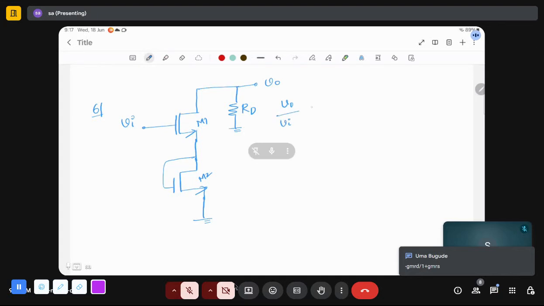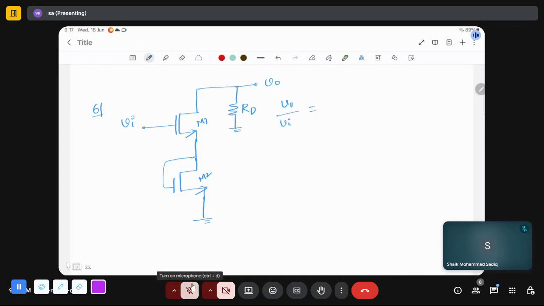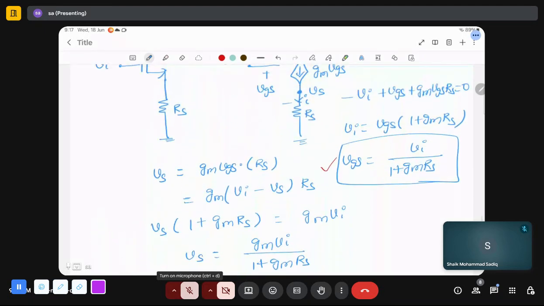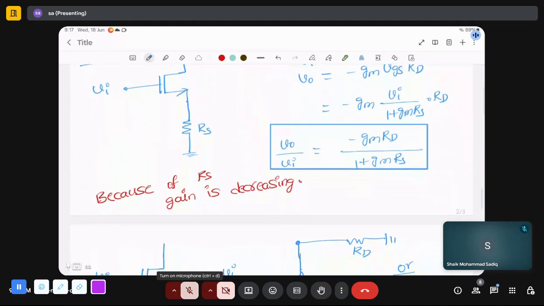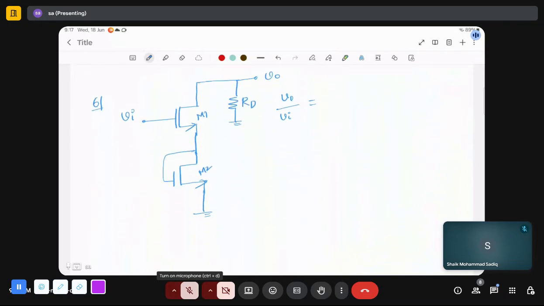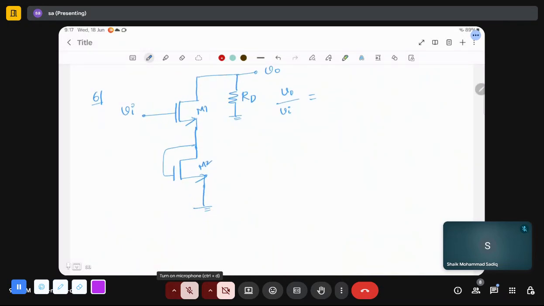See, earlier we got the formula, the same formula you apply as in the above case: minus gmRD by 1 plus gmRS. The difference here is, in the case of RS, what is the equivalent resistance looking from here?